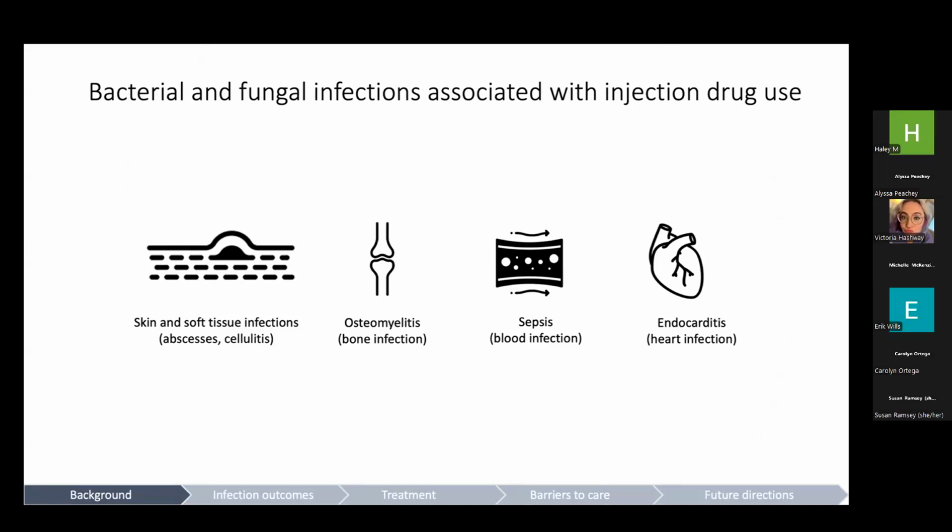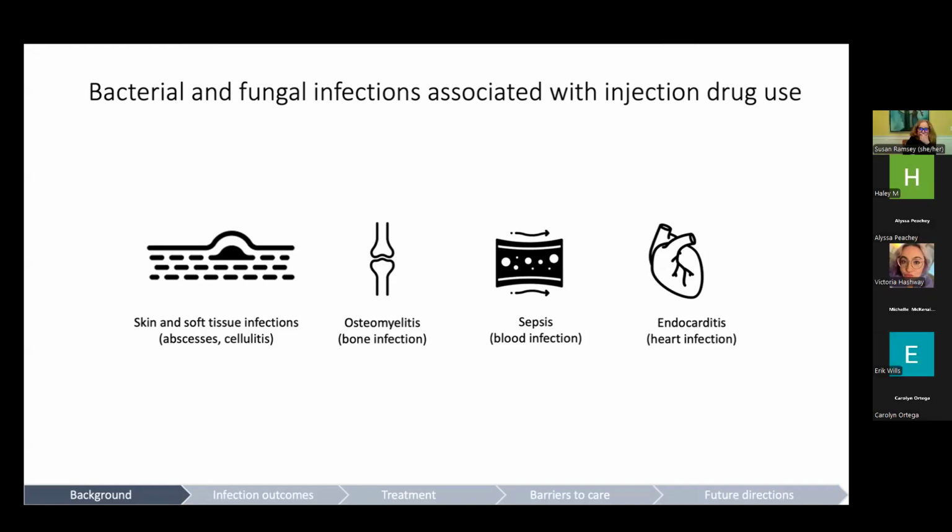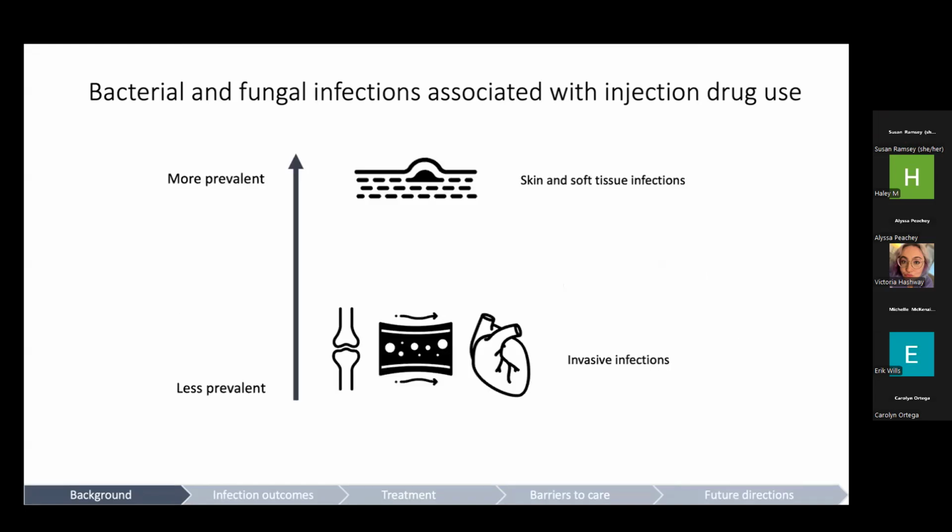Some of the bacterial and fungal infections associated with injection drug use that have been particularly identified more recently, and also just for decades, include skin and soft tissue infections, such as abscesses and cellulitis, and then some of the more invasive infections like bone infections, bloodstream infections, and heart infections. We know that skin and soft tissue infections tend to be more prevalent among people who inject drugs, whereas some of these invasive infections are less prevalent.